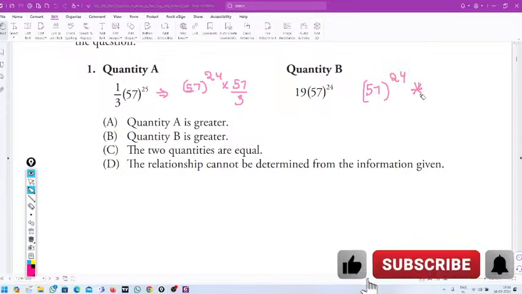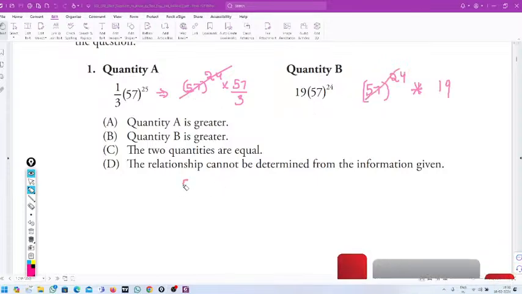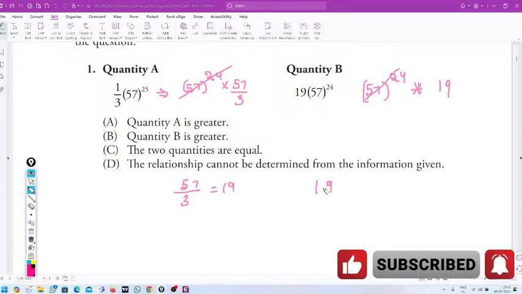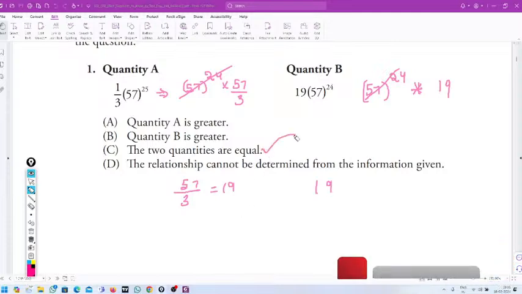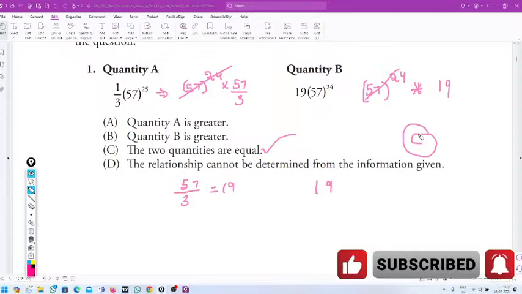When I have the common value 57 power 24, I can cancel it on both sides. So on both sides we have 57 by 3, that is 19. Left side also 19, right side also 19. When both are equal, the answer is the two quantities are equal. So for the first question the answer is C.